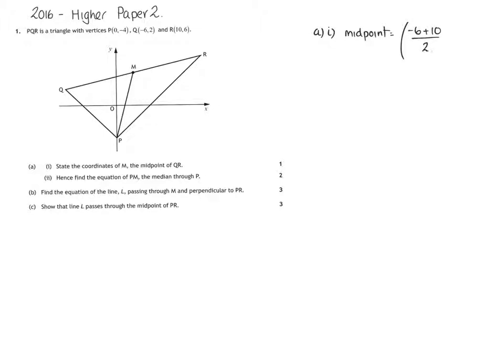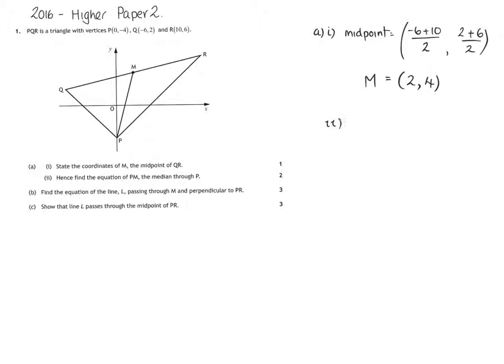And because we're finding the average of those 2 points, we do that. And then our y-coordinates, so we've got 2 plus 6 divided by 2. So that's going to give us 4 divided by 2, which is 2, and 8 divided by 2, which is 4. So that's the midpoint of QR, M.